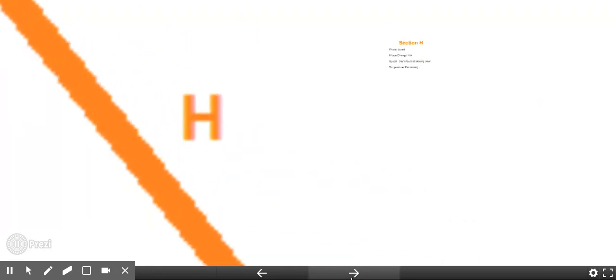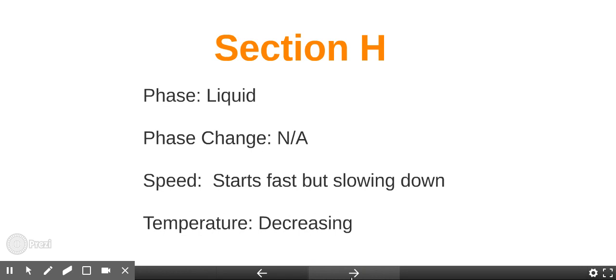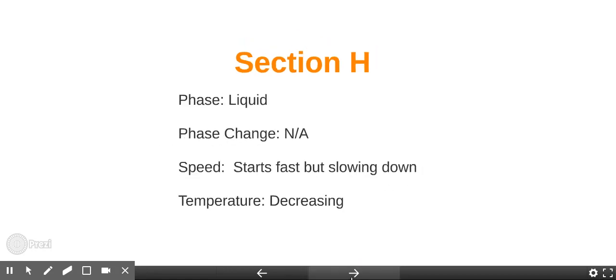All right, so then we go to H, and since everything is now a liquid, it has low attractive forces, we can say it starts slowing down more and more. Again, if we put something into a freezer, because it's slowing down, we would see a decrease in temperature, because we only have one phase present.